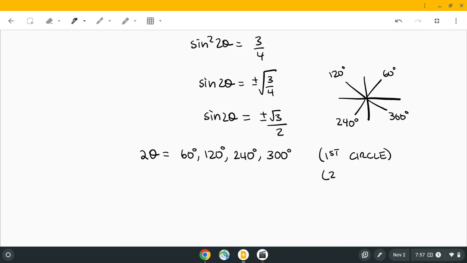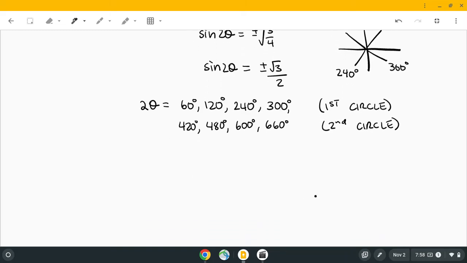Now I need my second circle, so I can just add 360 to all of these, so my next list is 420, 480, 600, and 660. I only need to do a second circle, not a third, because our multiplier is 2. If it were 3, then I would need a third circle of answers.